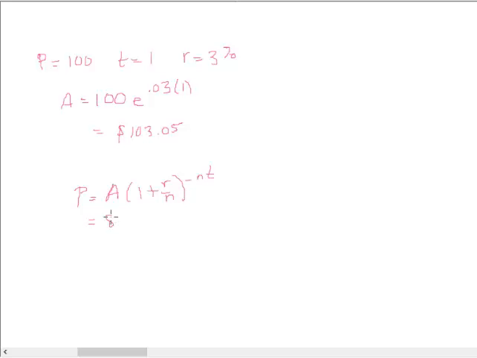So A is 800. So this is 1 plus R, which is 0.07, over 12, since we're compounding monthly. And then this will be to the negative 12 times T, in this case, 3.5.